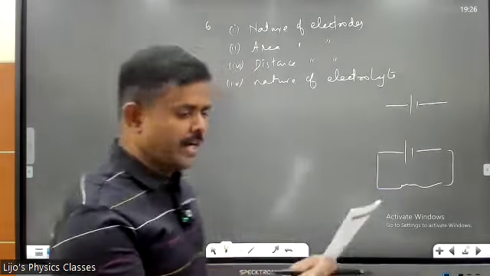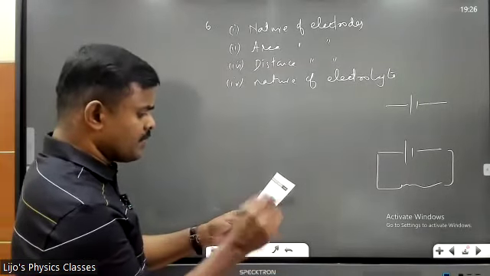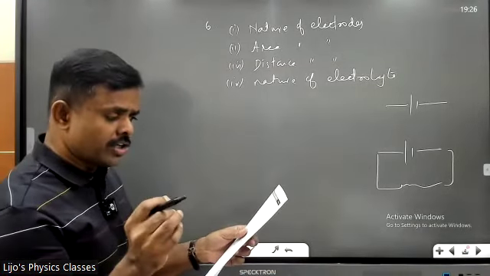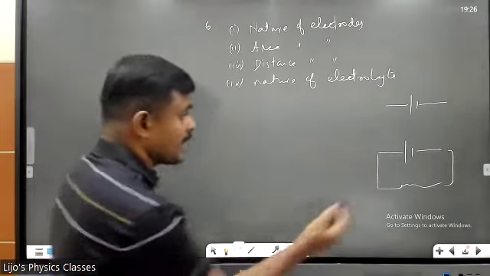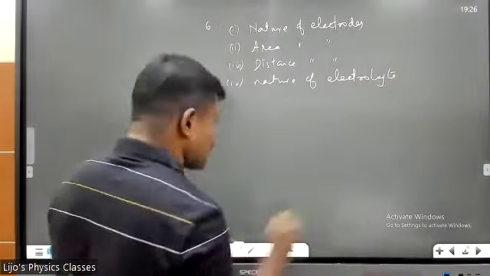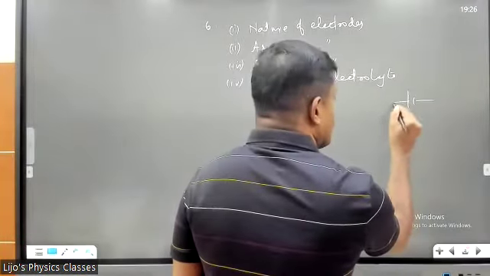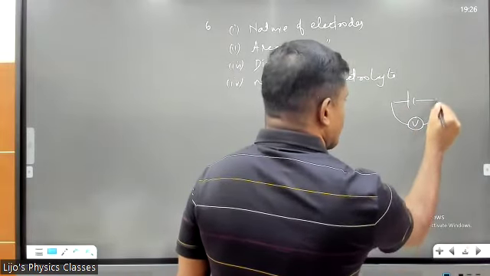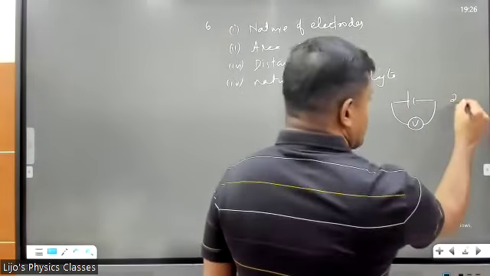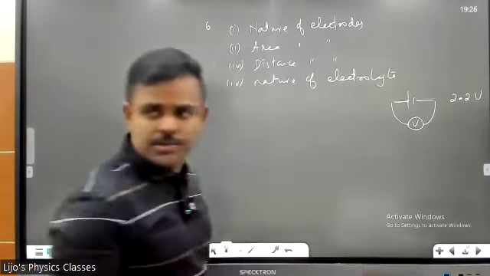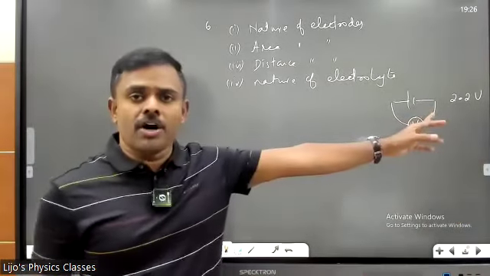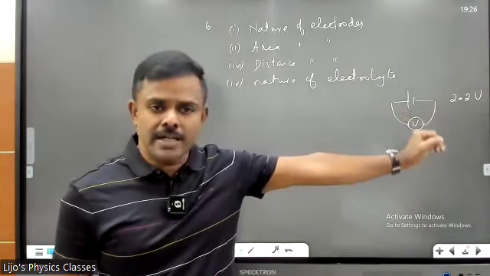Let us go on reading. The reading on a high resistance voltmeter when a cell is connected across it. You can draw the figure, only the voltmeter. This voltmeter reads 2.2 volts. This is called an open circuit.